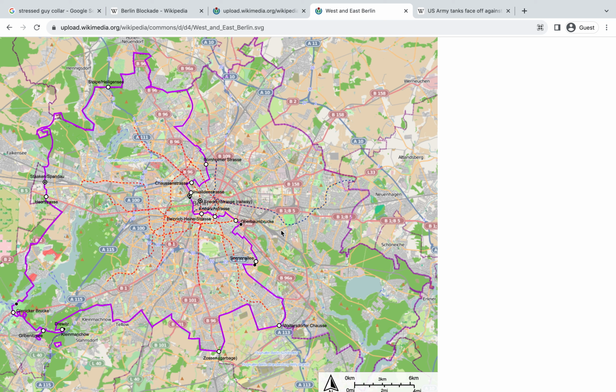So now if I'm in East Berlin, I am stuck in East Berlin. Interesting thing when you think about it.